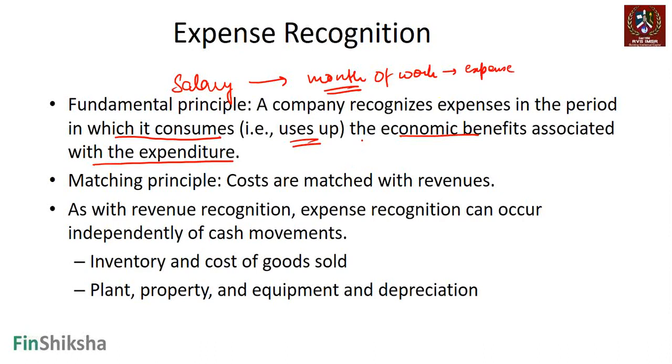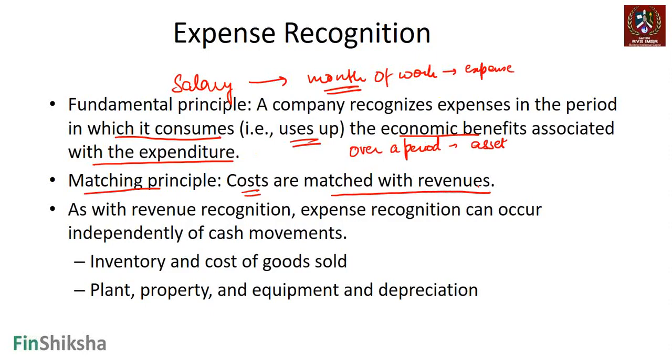If the economic benefits are going to come over a period, remember, we had discussed this, that's what would be called an asset, when we discuss the depreciation understanding. So if it is over a period, then we have to look at depreciation. But if it is within that period, then you will use the expenditure there. There is a matching principle. Costs are supposed to be matched with revenues.